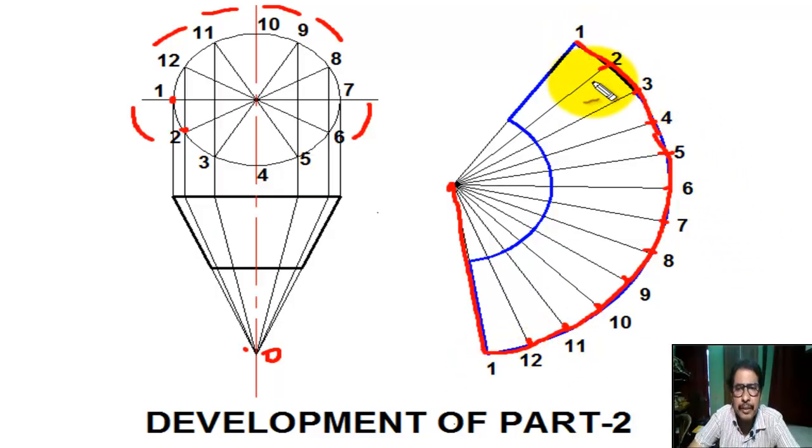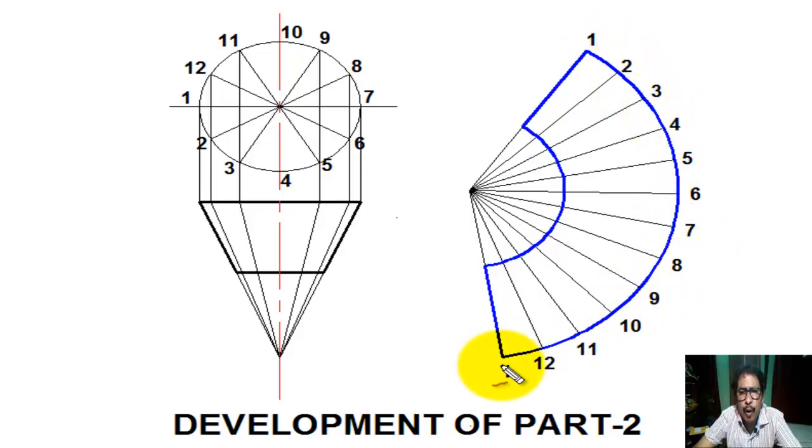Now we mark from this point 12 parts. Actually we take 12 parts. We mark 1, 2, 3, 4, 5, 6, 7, 8, 9, 10, 11, 12 and again 1.